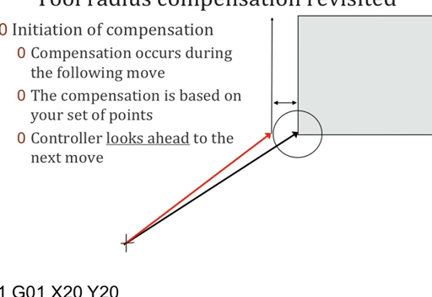The red vector is indicating what happens when the G41 is initialized, and over the course of the move we are linearly offsetting the tool until we get to that corner, and now we're at the correct offset. So when we move to our Y40, we're creating the surface that we intended.